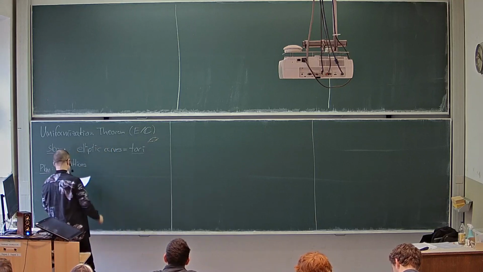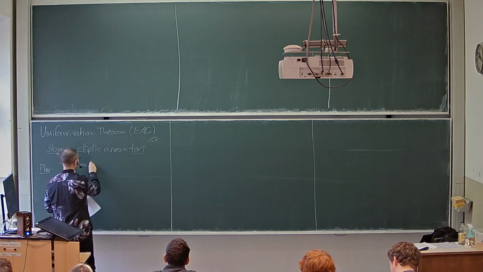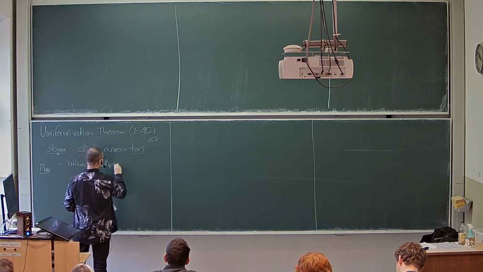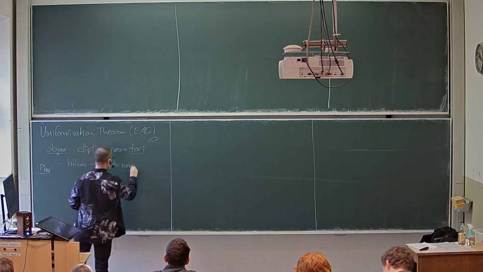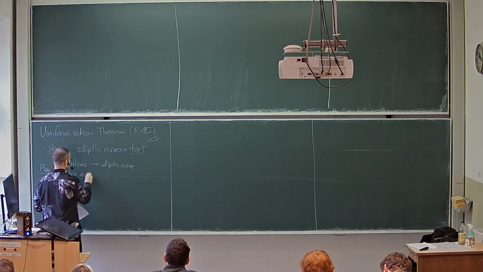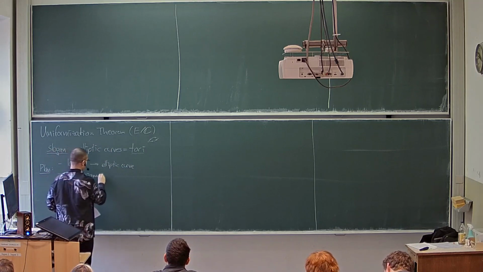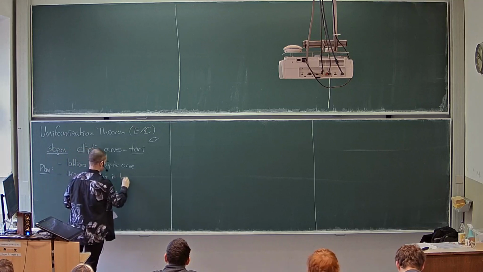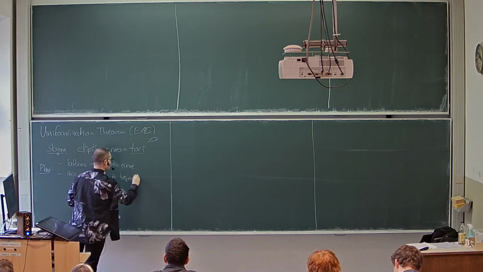And then we define to a lattice an elliptic curve, and show that this assignment is bijective in some sense. Bijective modulo some relations. I would just put it like this.